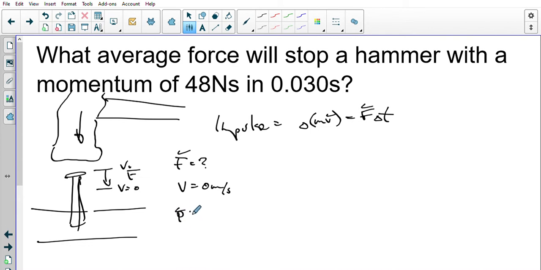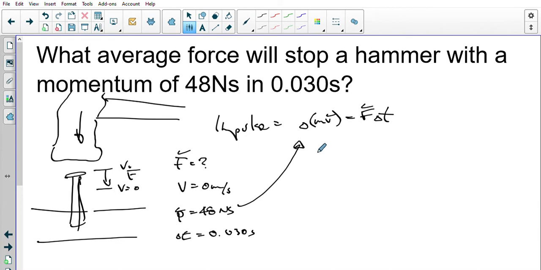So P is equal to 48 Newton seconds in 0.03 seconds. So our time is equal to 0.030 seconds. Well, this is really our change in momentum. The momentum when it stops is 0, so our momentum is just the momentum that we had before.